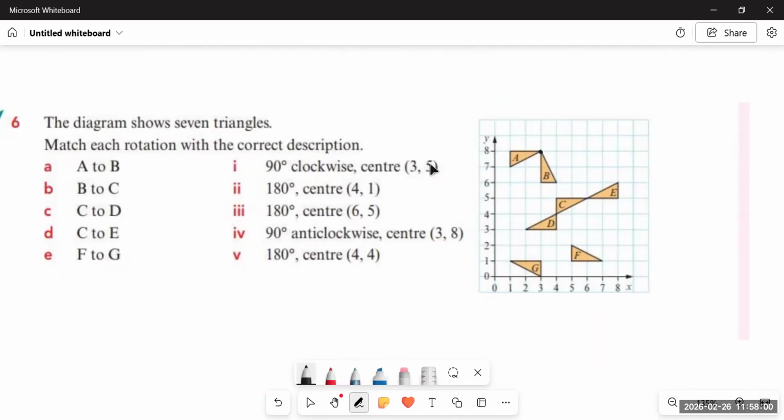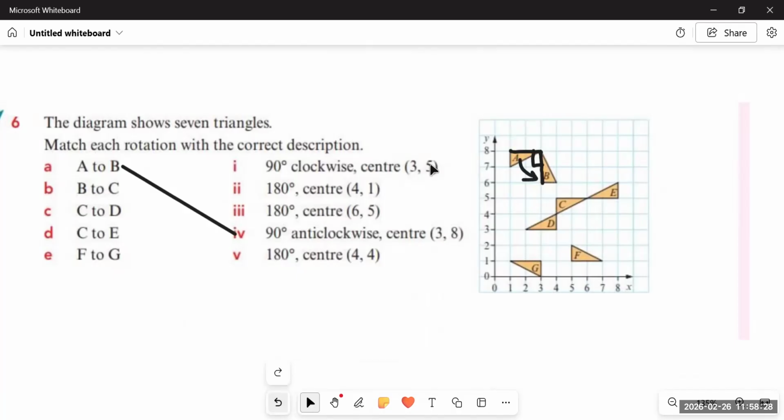So this is the answer. And if we talk about this one, it's anti-clockwise. See, it moves in this direction. When it moves in this direction, this is clockwise. When it moves in the opposite direction, it's anti-clockwise.